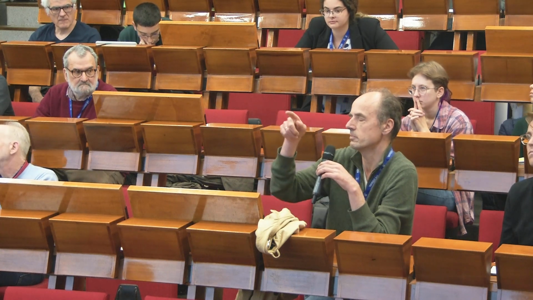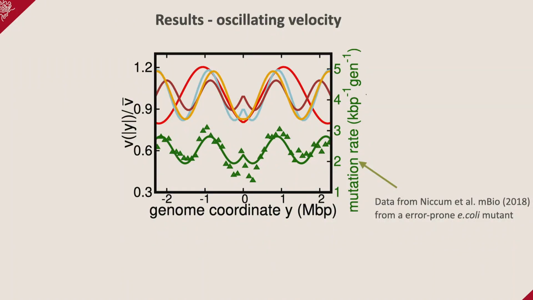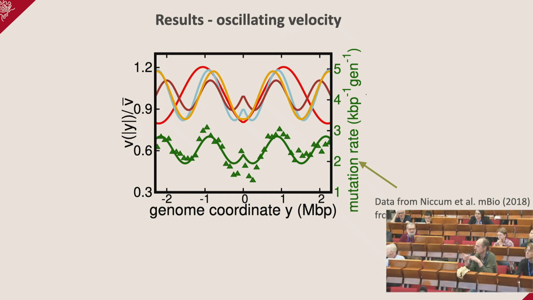And so I think this explanation that it has to do with when you start new rounds of replication, because I thought that was your explanation, no? That it could have to do with when you start a new round of replication, that you then have competition, but I don't see how you could then get these oscillations, right?